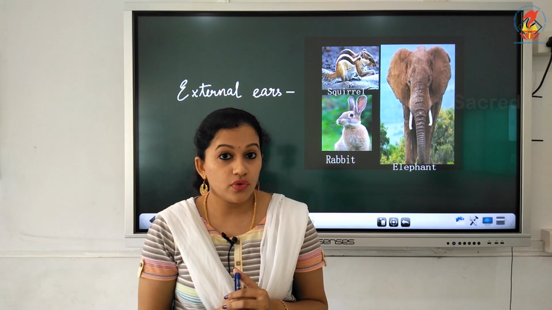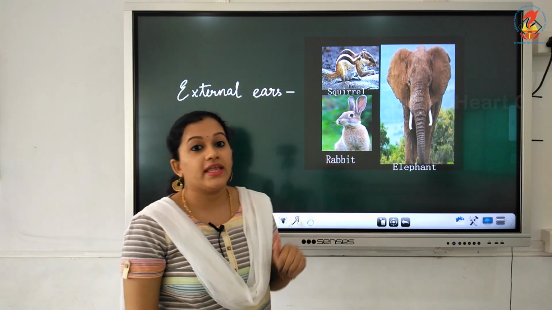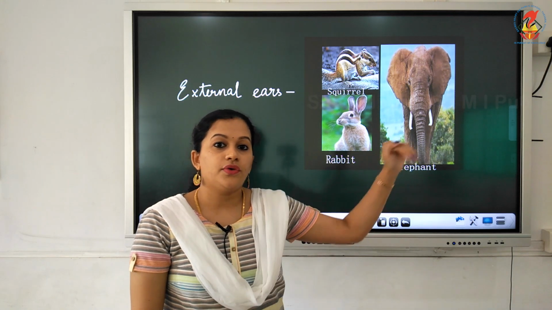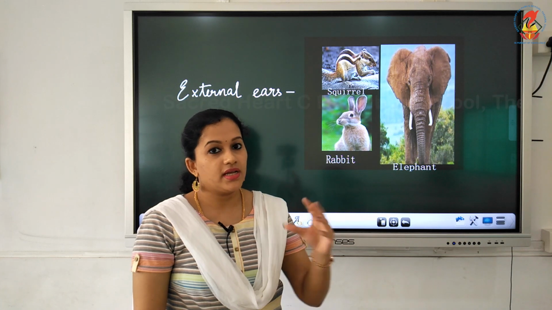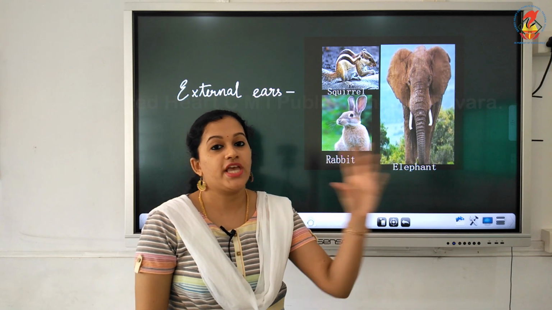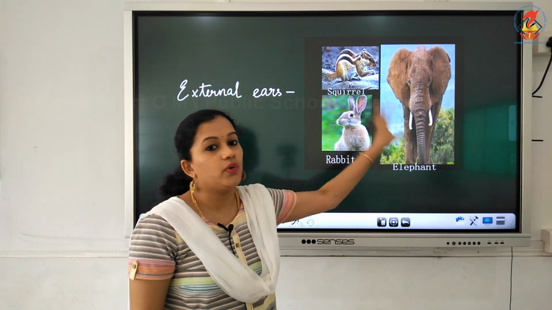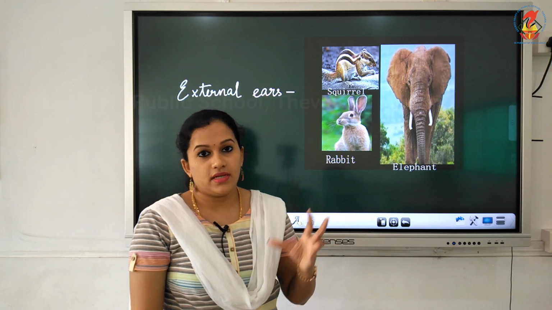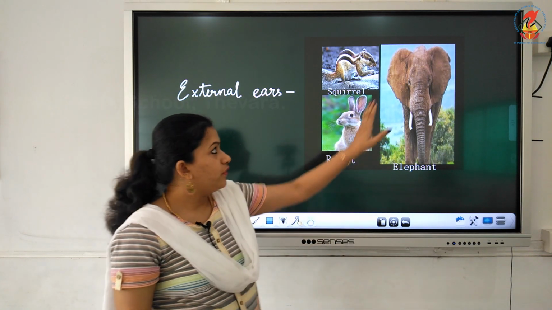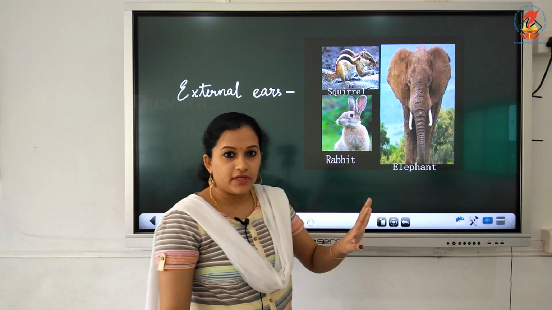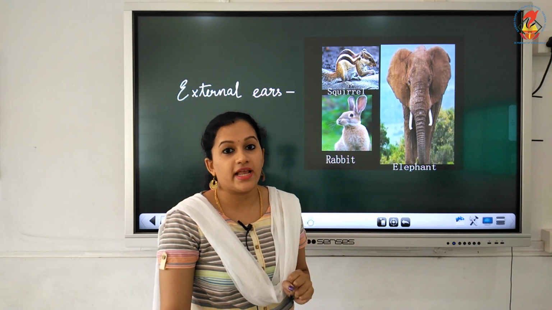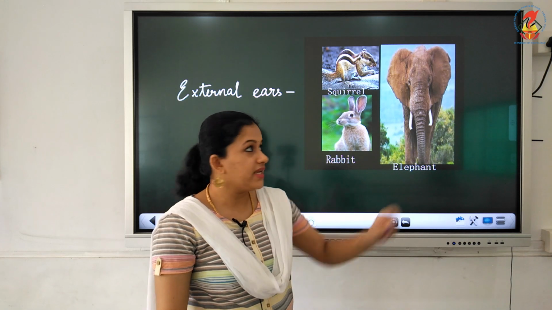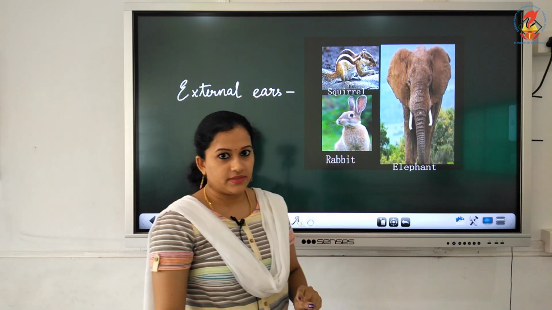And you also know, children, just by looking at these external ears, you can identify or recognize the animals. Recognize means you can say which animal it is just by looking at their external ear. For example, if you look at the ear of an elephant, just by looking at the ear, you know that it's the ear of an elephant.